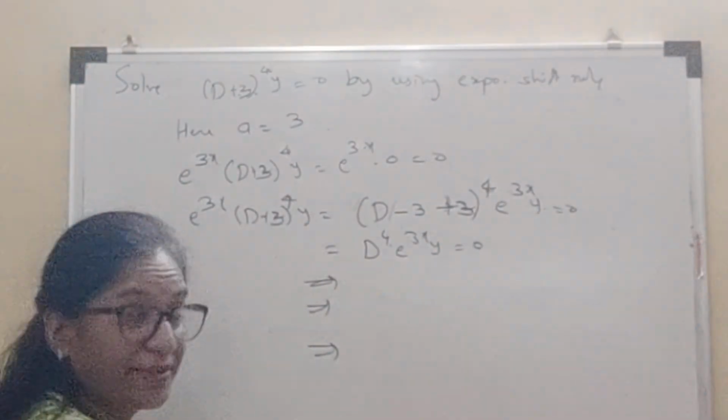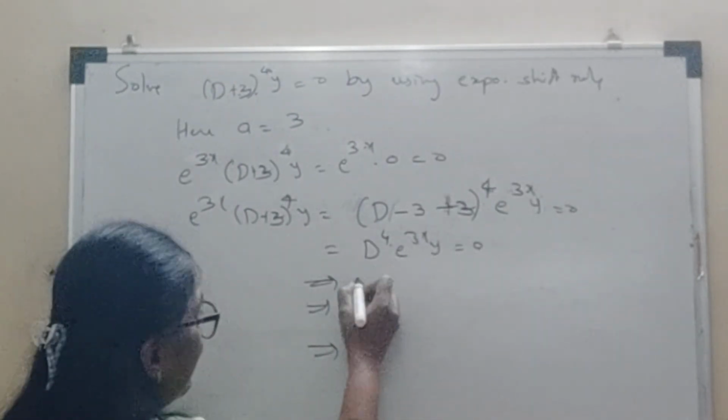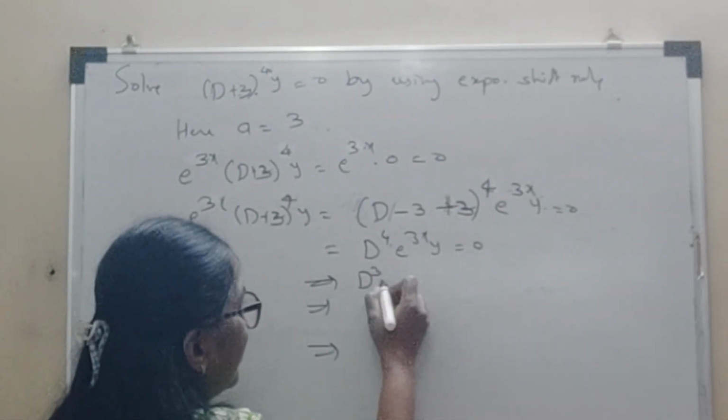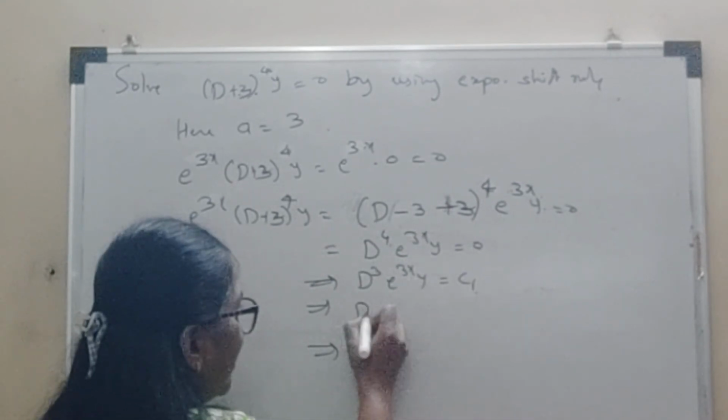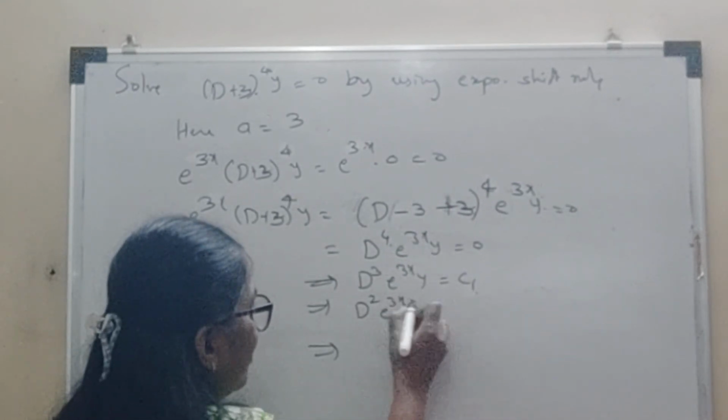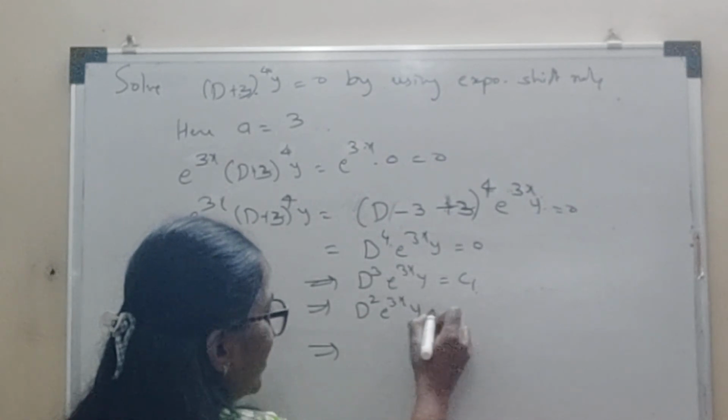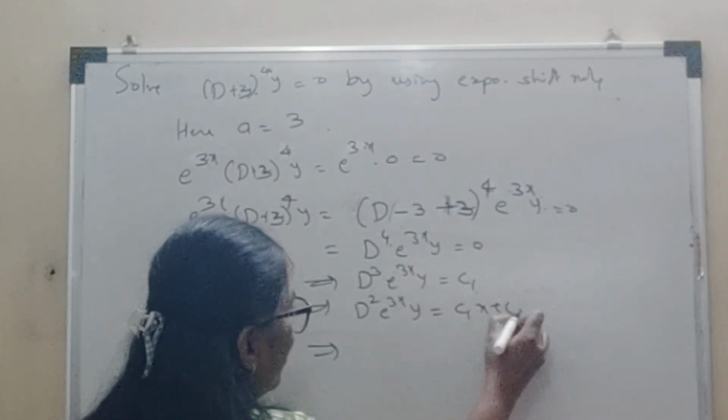Integrate 4 times. First time if we integrate, I'll get D cube e raised to 3x operates on y is equal to c1. Second time when I integrate, I'll get D square operates on e raised to 3x y is equal to c1x plus c2.